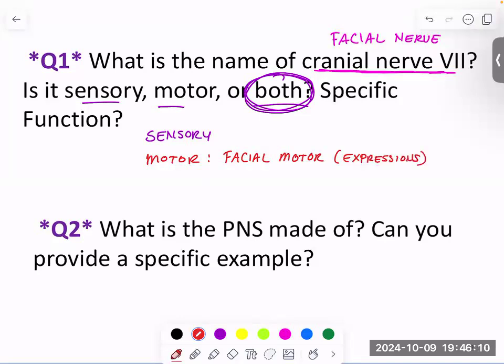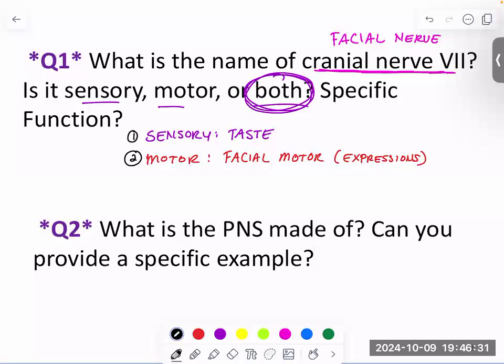That's what it controls. What about sensory? Taste, the sensation of taste. Done. You will tell me it's both and give me a functionality of both.